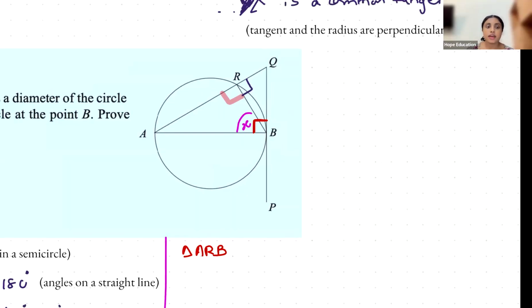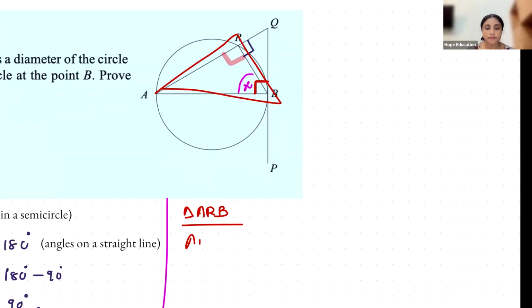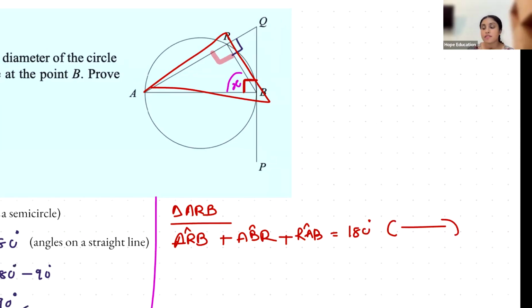So first let's try the triangle ARB. Taking triangle ARB, ARB plus ABR plus RAB equals 180, the sum of interior angles of a triangle.